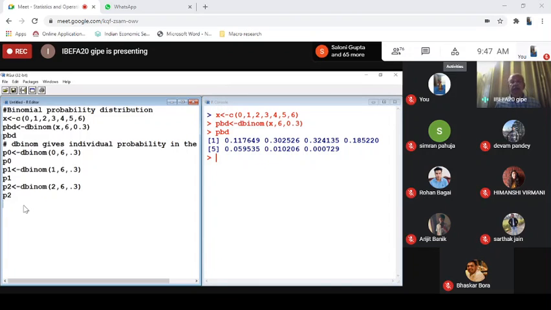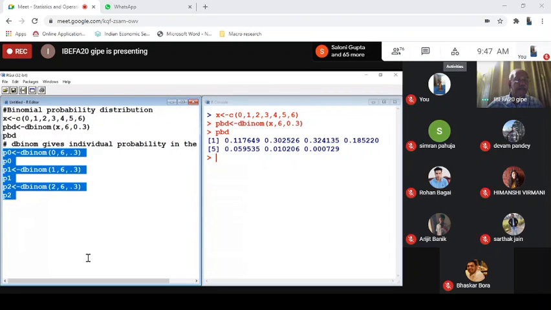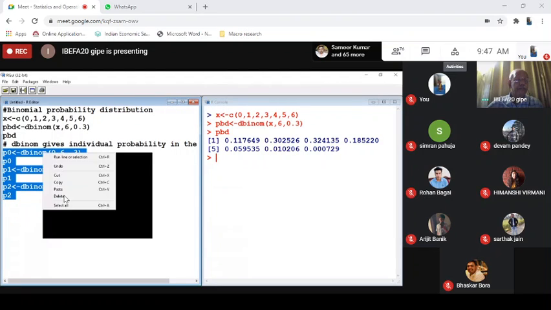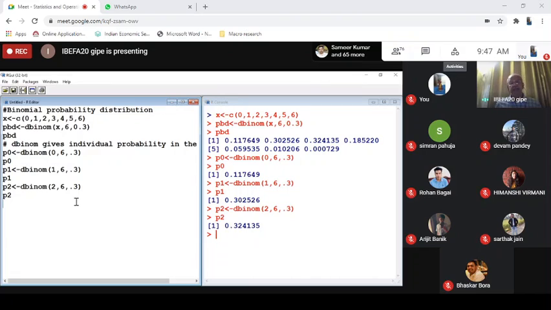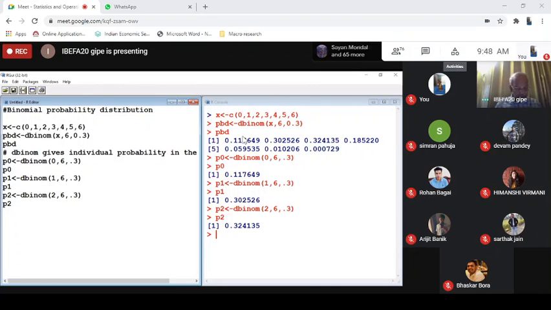This means individual probability for 0, 1, 2. Finished. This is what is expected in the first example.